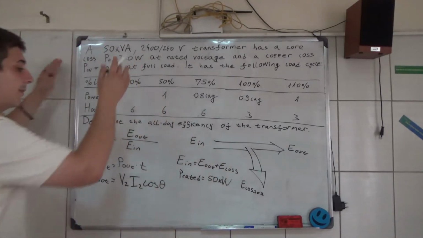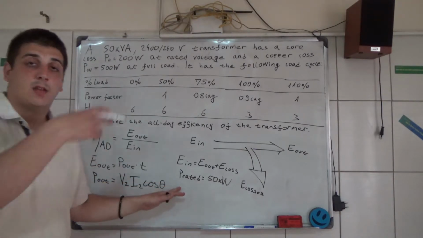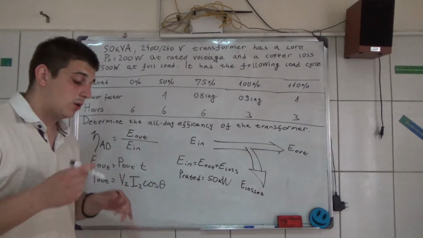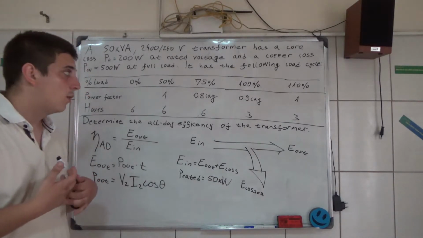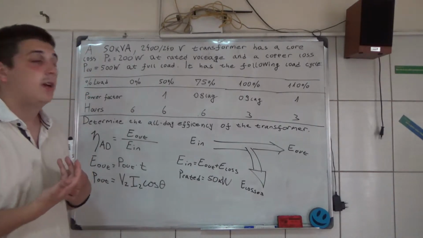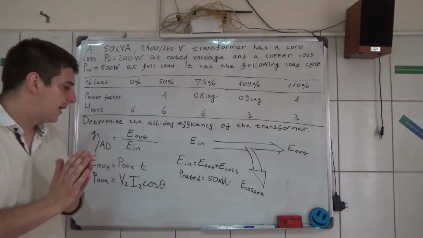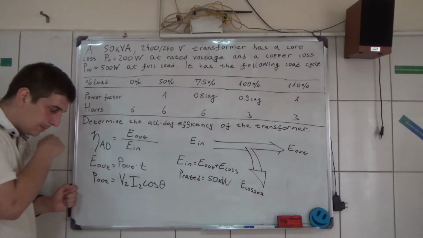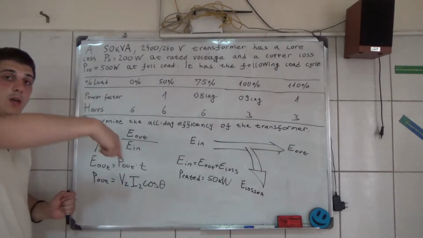This is the apparent power, but never mind. This is the rated power, so this is at 100% of the load. So we don't need current to calculate the energy at 50% of the load, because as you can see, the output power changes with current.